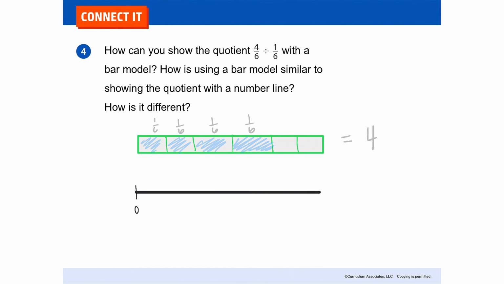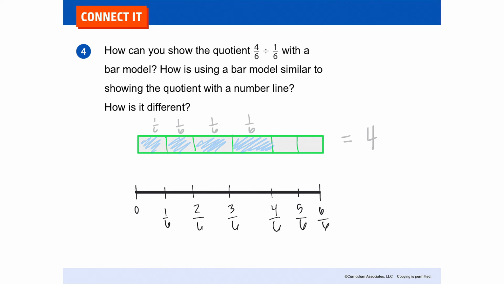I'm starting at 0 and 6/6. We're counting on, so we'll say 1/6, 2/6, 3/6, 4/6, and 5/6, right? So kind of the same thing, except we're counting on. This one is more looking at groups of 1/6, like unit fractions, but they are very similar.